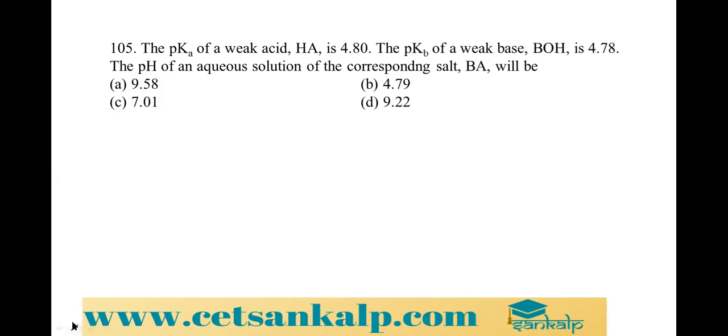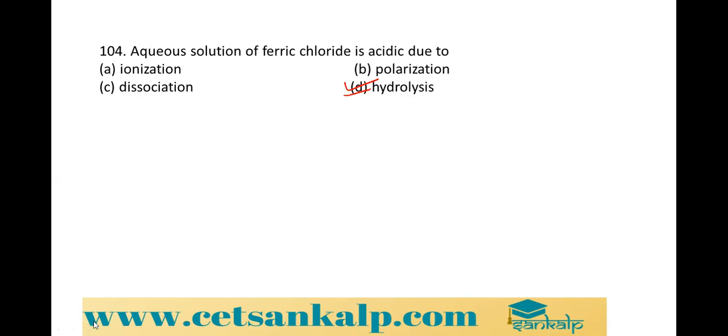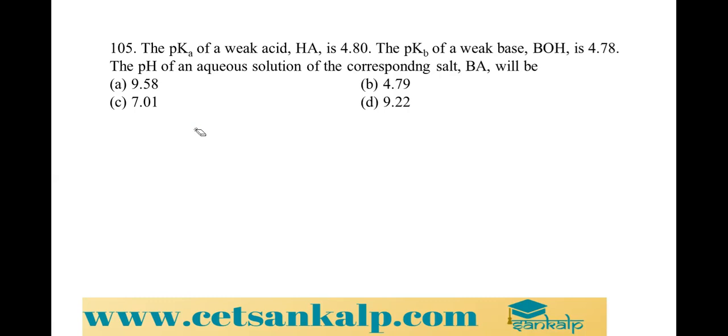Right. The pK of the weak acid they have given. So if we get the Ka value, take the acid HA. What they have asked about is B, right? So let's take BA. BA is ionizing and giving ions. So BA plus H2O giving rise to BOH plus HA.